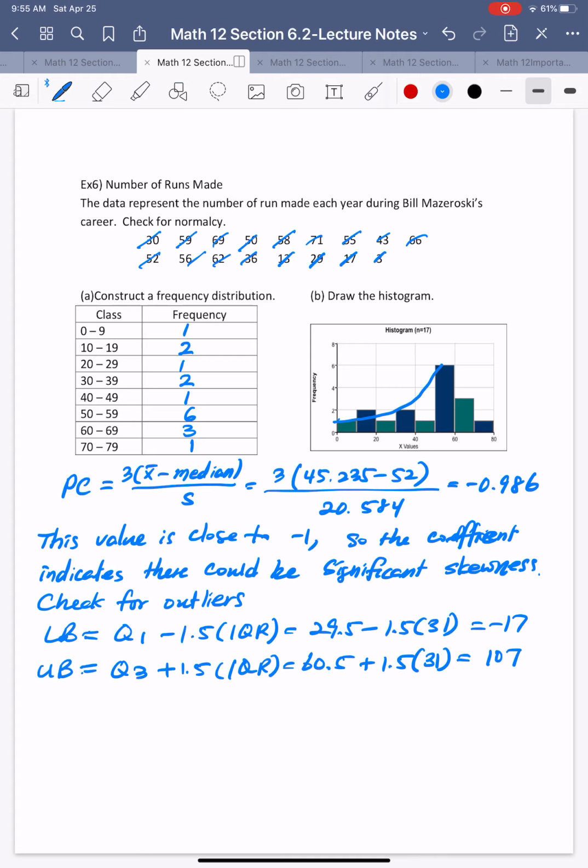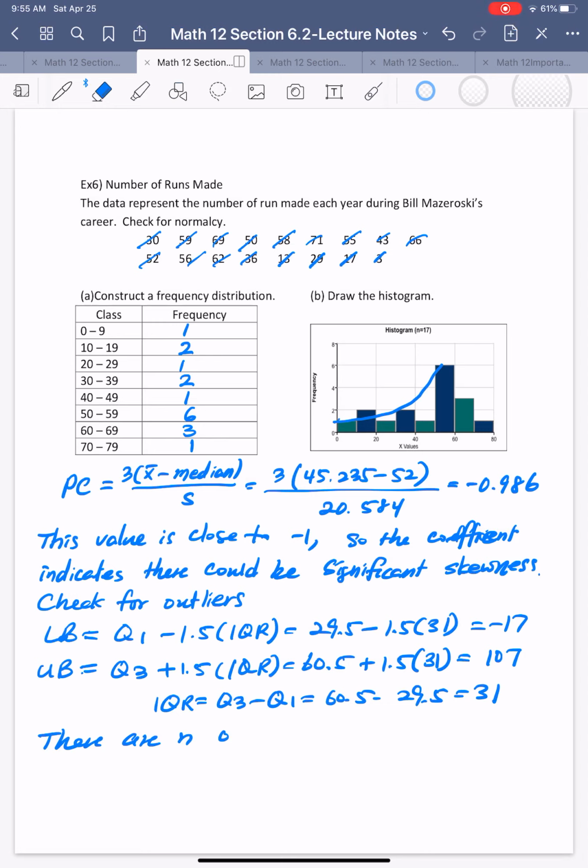The IQR is Q3 minus Q1, 60.5 minus 29.5, which is 31. So there are no outliers.